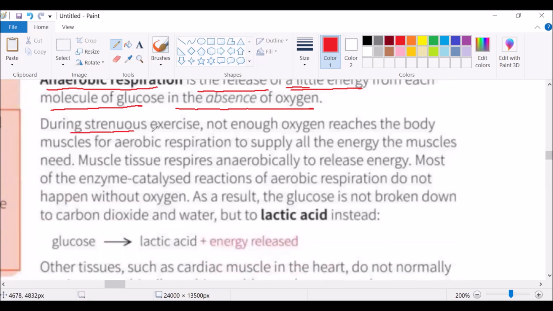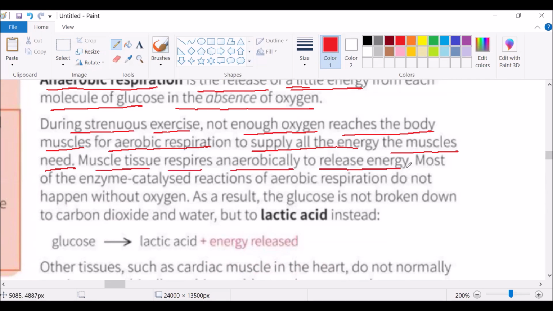During strenuous exercise, not enough oxygen reaches the body muscles for aerobic respiration to supply all the energy the muscles need. Muscle tissue respires anaerobically to release energy. Most of the enzyme catalyzed reactions of aerobic respiration do not happen without oxygen.